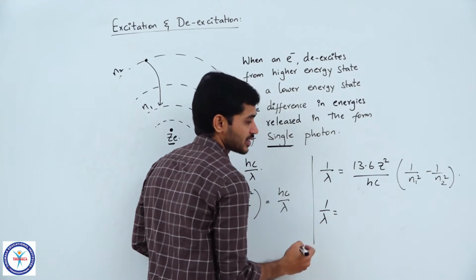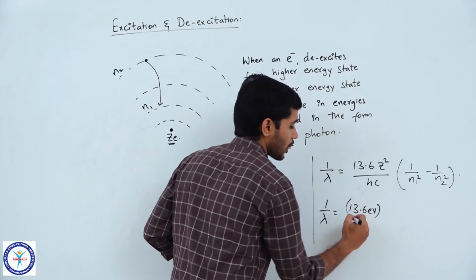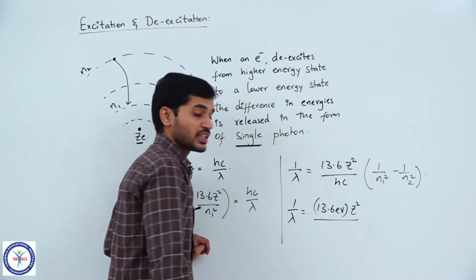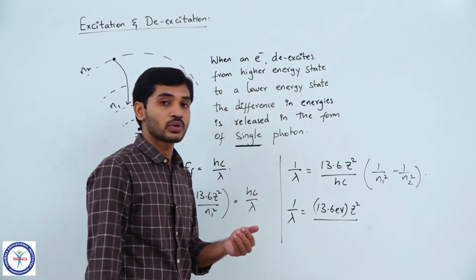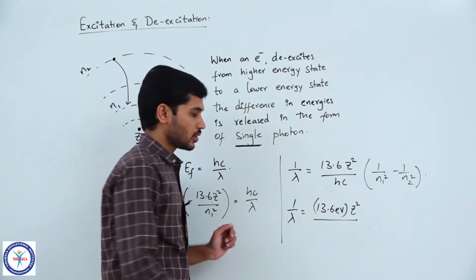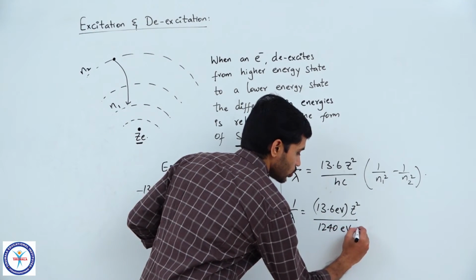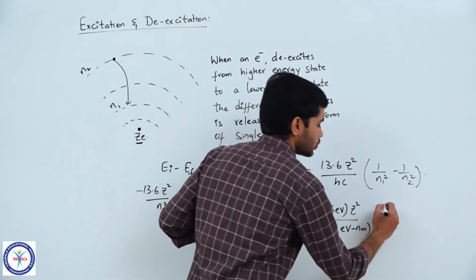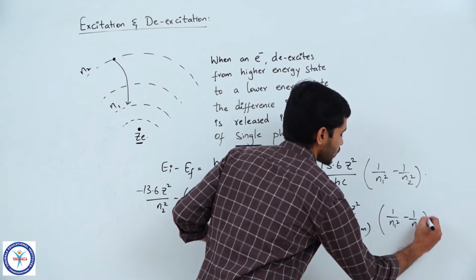So 1 by lambda is equal to 13.6 electron volt into Z square by, as we discussed earlier, the hc value can be written as 1240 electron volt nanometer, into 1 by n1 square minus 1 by n2 square.